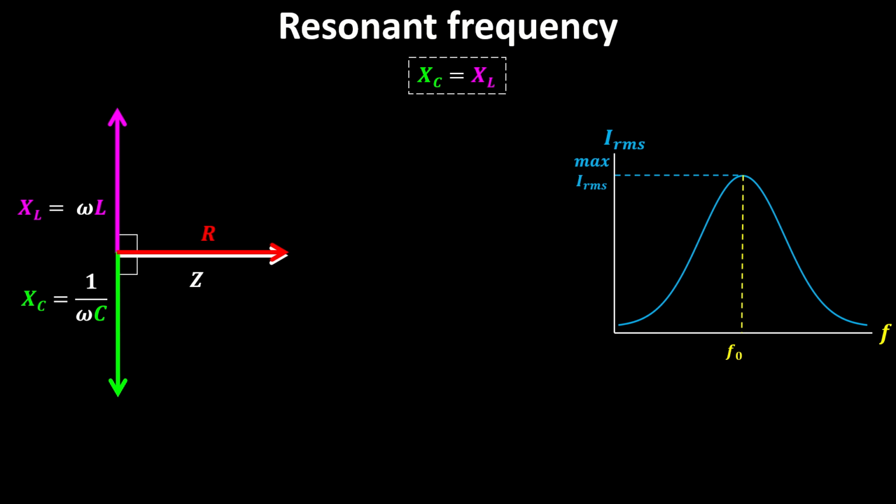So if we start with that condition, XC equals XL, and that's really the key condition for this situation. Now we know XC is 1 over omega C and XL is omega L, so we can just express it in those terms. And we can just multiply everything over onto the right-hand side. So we multiply both sides by omega C, and we get 1 equals omega squared LC.